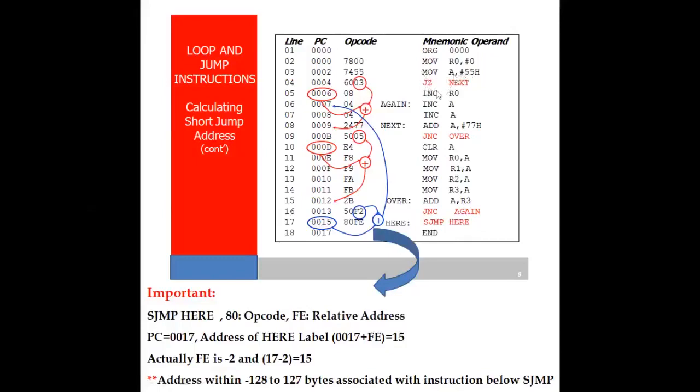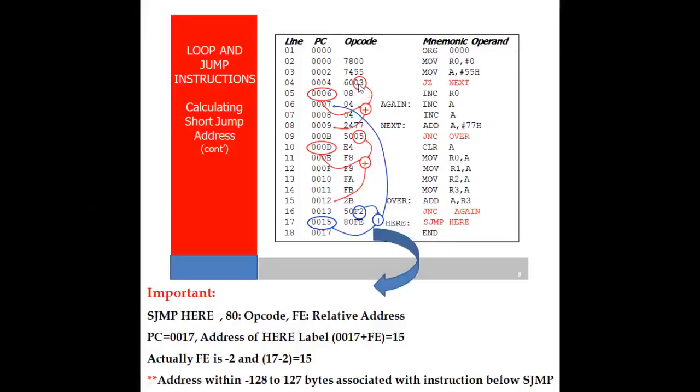Depending on that value, it will transfer control to the address labeled next, which is 0009 in the ROM location. Now how do we calculate this? For JZ next, 60 is the opcode and 03 is the operand.